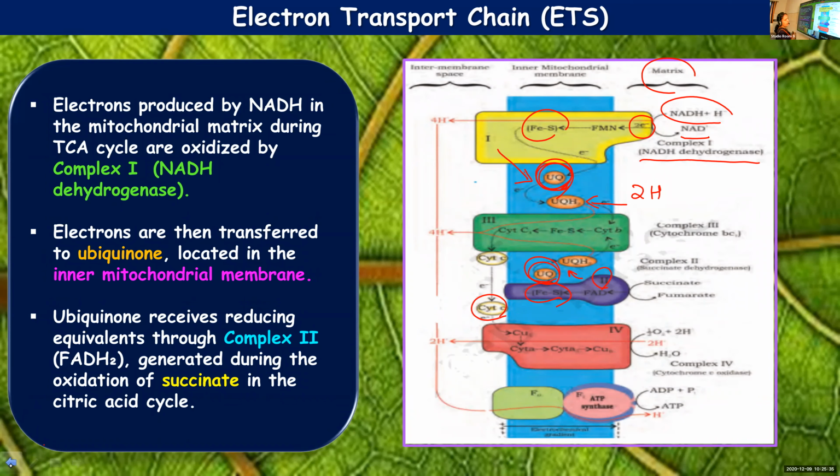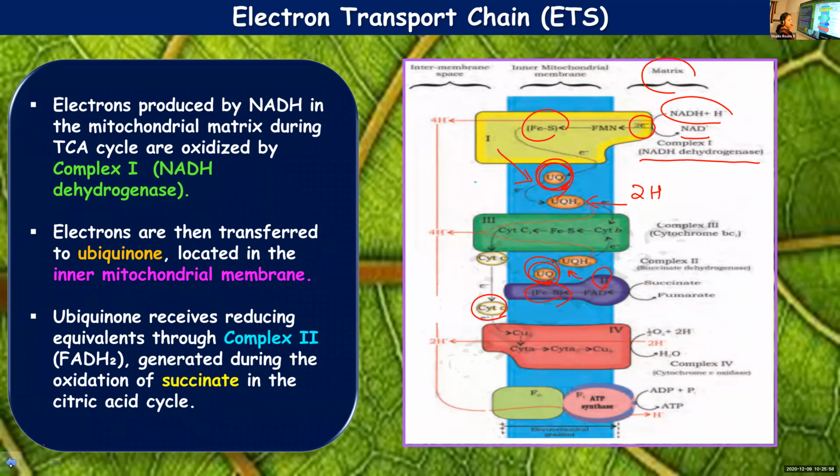Then it goes to FeS, iron sulfur compounds, and those electrons will be transferred to ubiquinone. Ubiquinone receives electrons, at the same time it accepts 2 protons from the matrix, and it will get reduced to ubiquinol. UQH2 is ubiquinol, the reduced form.